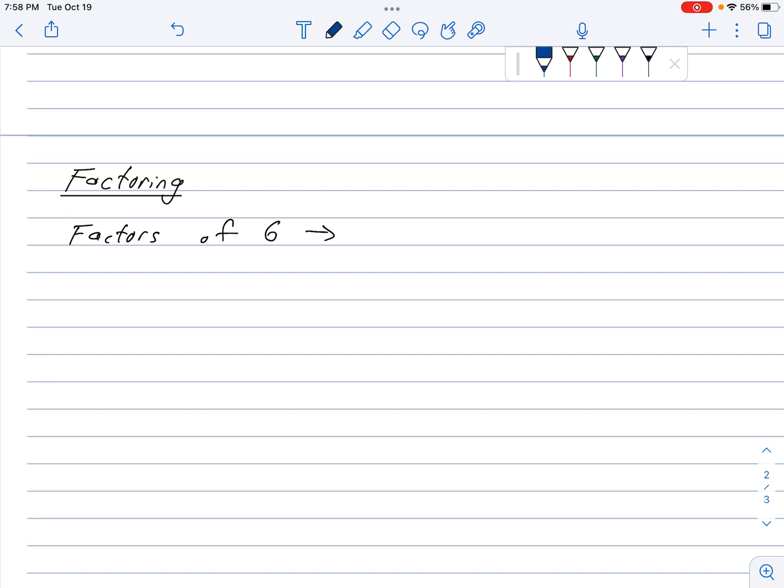We had done this with radicals as well, where we were trying to get prime factors in order to get some of my prime numbers to come out of the radical and then the ones that stayed in. But an example here would be 1 times 6 or 2 times 3, right? Those are 2 groups of factors.